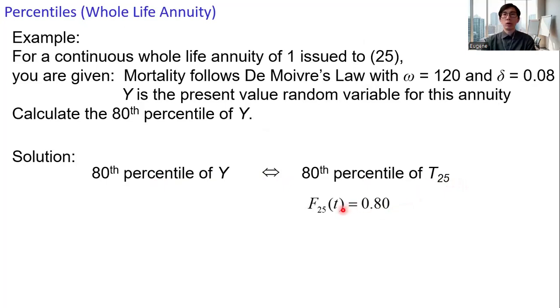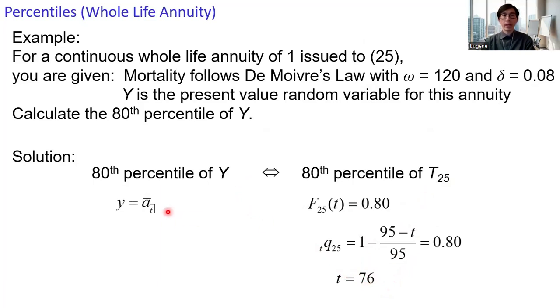Under de Moivre's law with omega 120, we have tq25 equal to this expression. Solving for t, we get t equals 76. And this is the 80th percentile of T25. To get the 80th percentile of Y, we can assume that the individual dies at this time point.